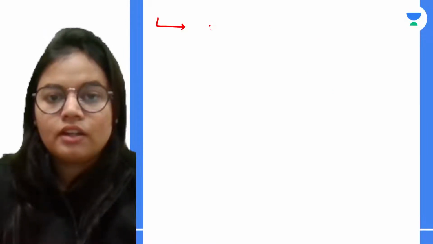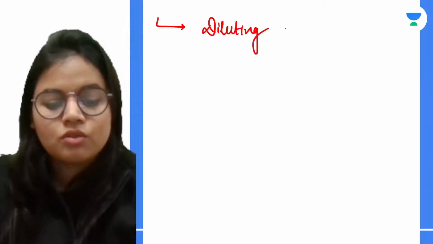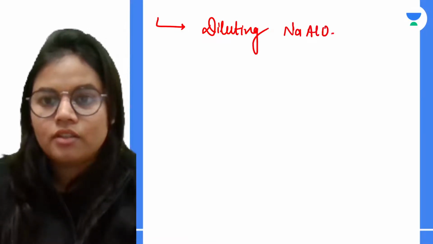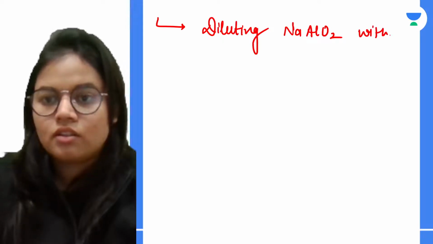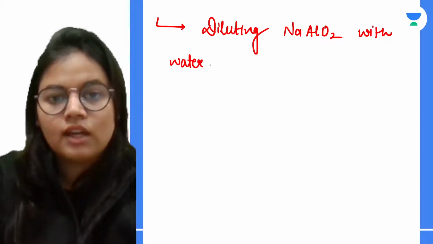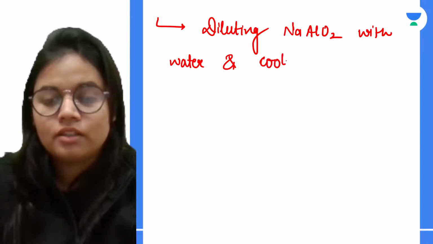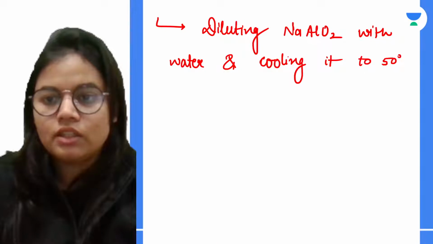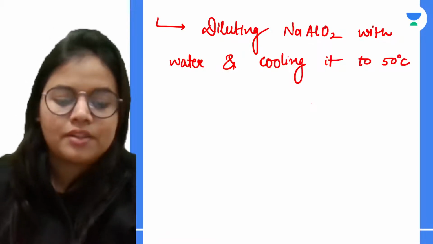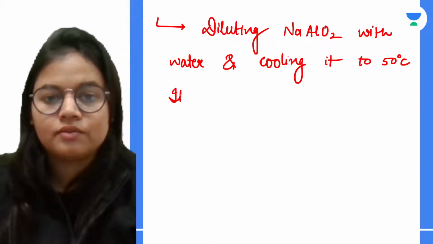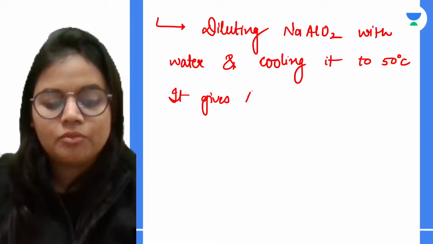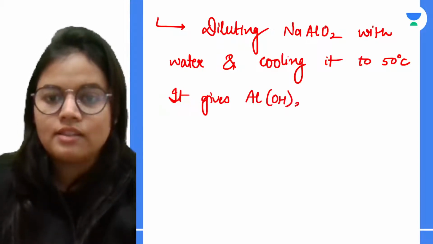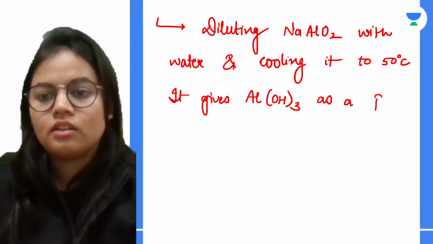So what happens is we are diluting sodium meta-aluminate with water and we are cooling it to approximately 50 degrees Celsius. What happens is it gives aluminium hydroxide as a precipitate.